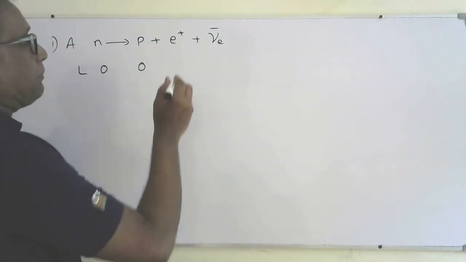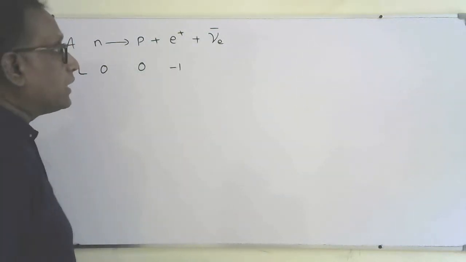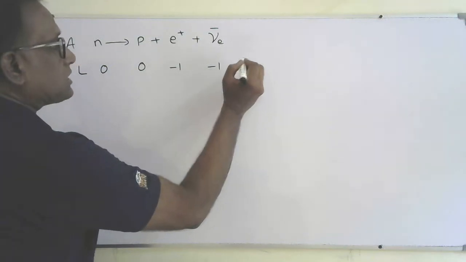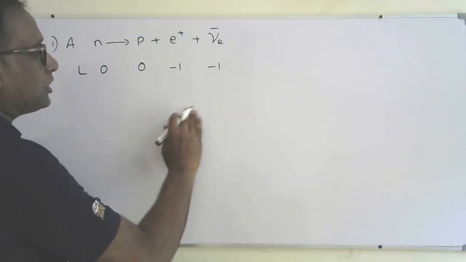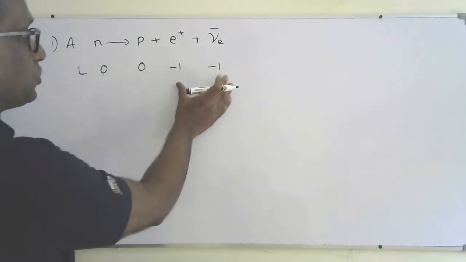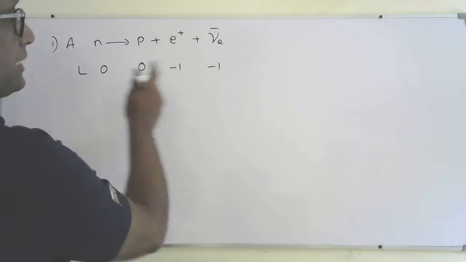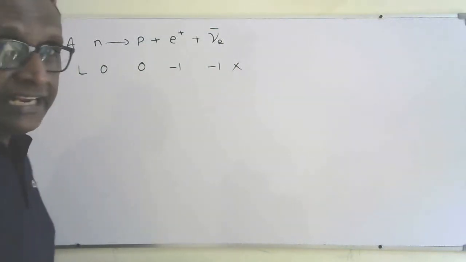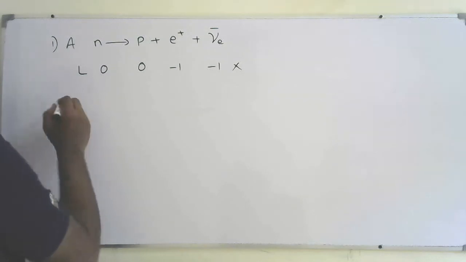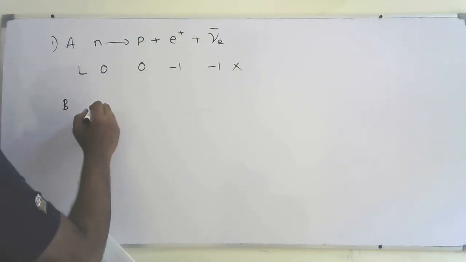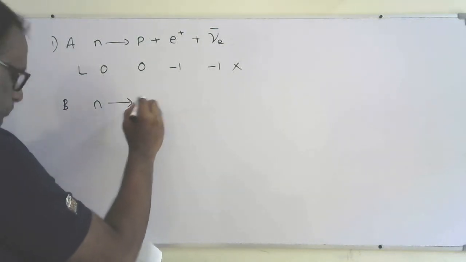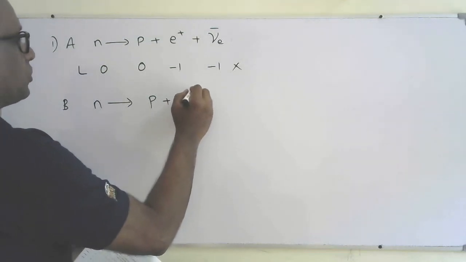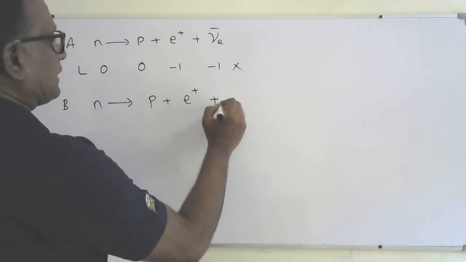Positron is an anti-lepton, so its lepton number is -1. Anti-electron neutrino is -1. So after decay, the total lepton number is -2. Before decay, lepton number is 0, not conserved. So it is an invalid reaction.